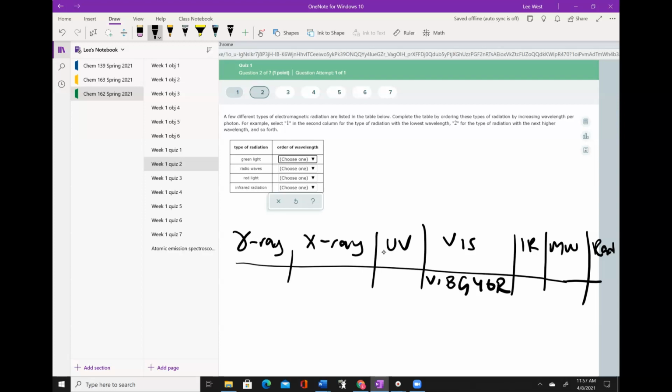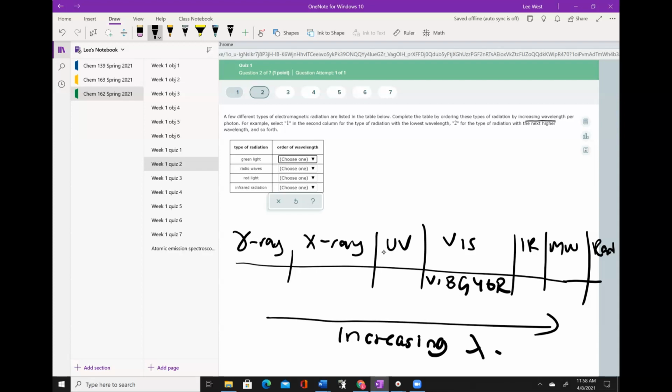So we're asked to list this. For example, select increasing wavelength. So this is increasing wavelength this way. Okay, so we want 1 for the shortest, and then 2, 3, 4 increasing wavelength. Just making sure we got that right.